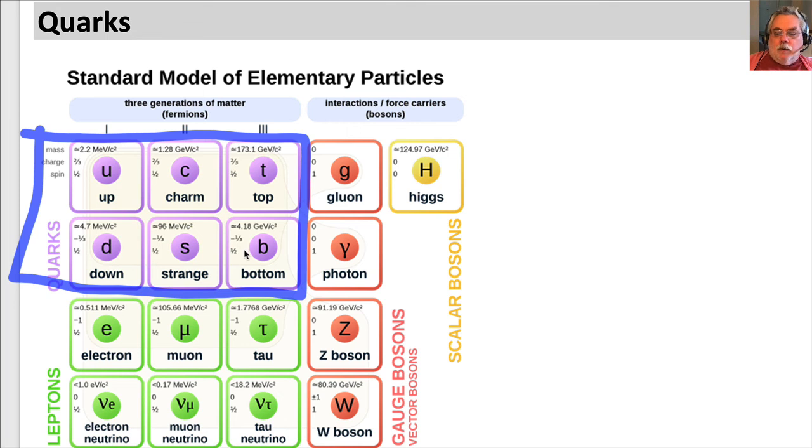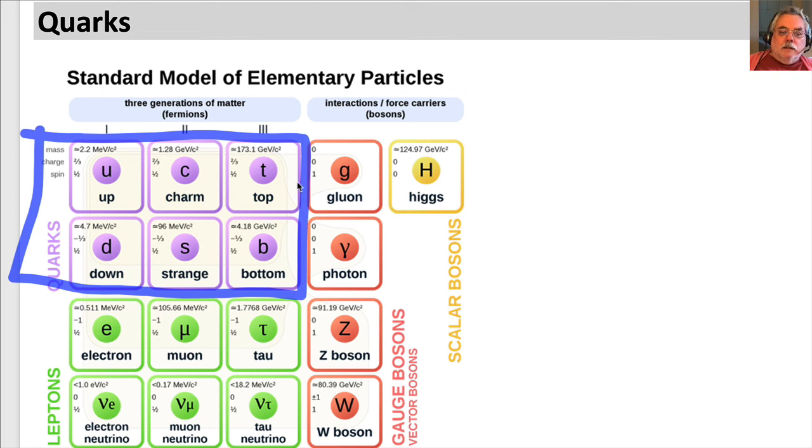Each of these 6 quarks has an antiparticle with the same mass and spin, but opposite electrical charge. These are represented with an overbar over the letter of the quark. The U-bar anti-up quark to the U up quark has charge minus 2/3.